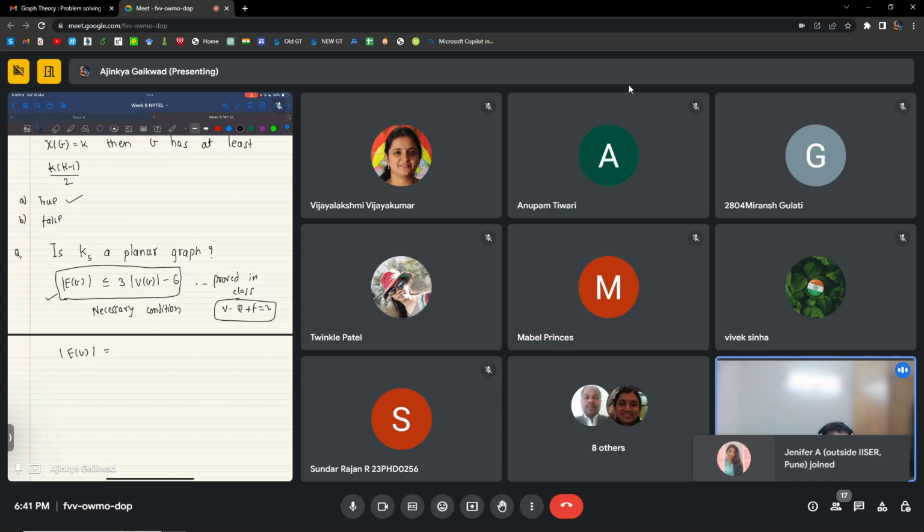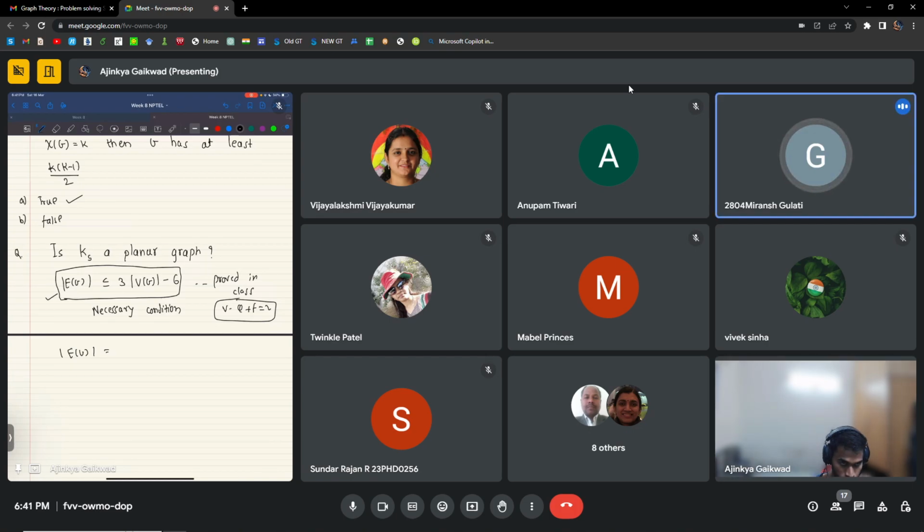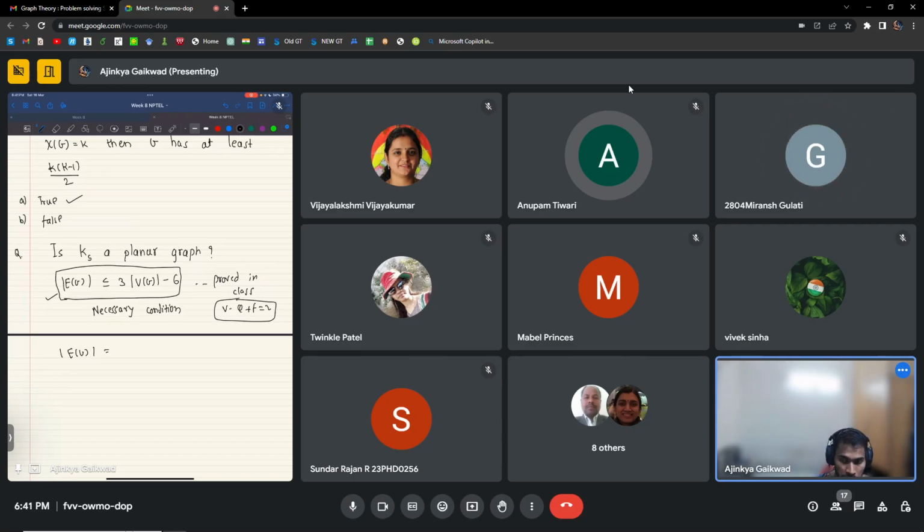How many edges are there in a complete graph with 5 vertices? Nine. No, I think 10. Yes, 10.